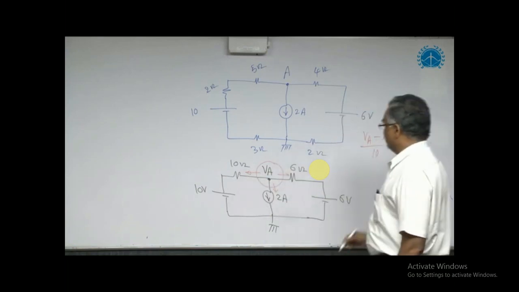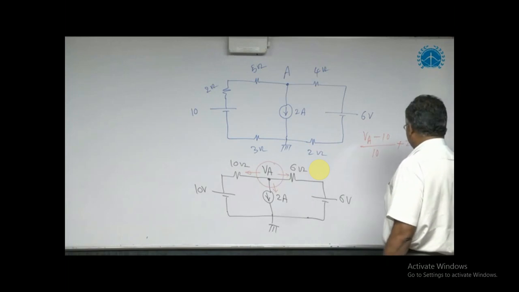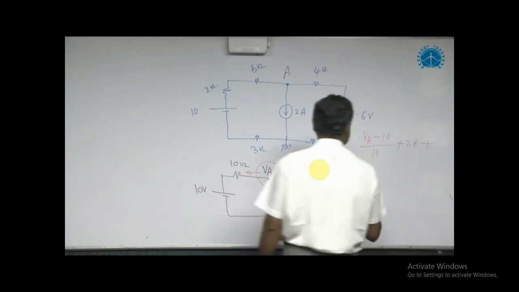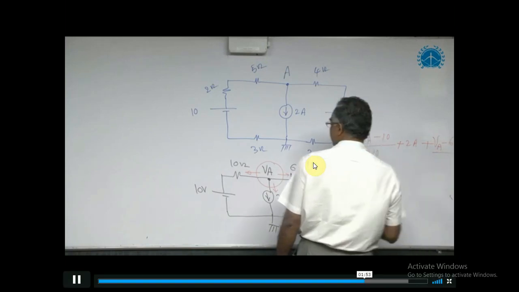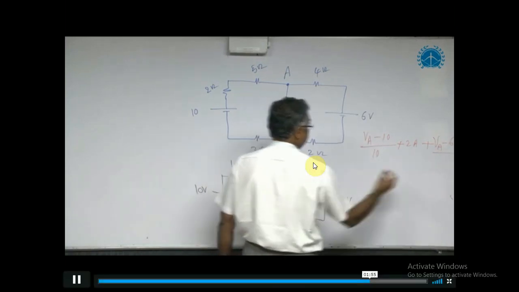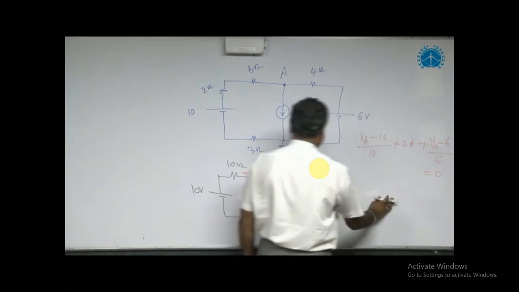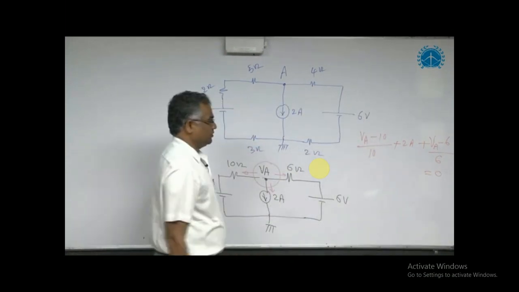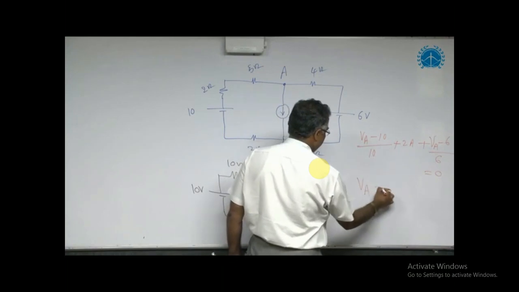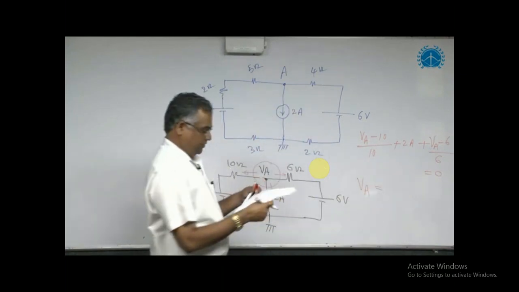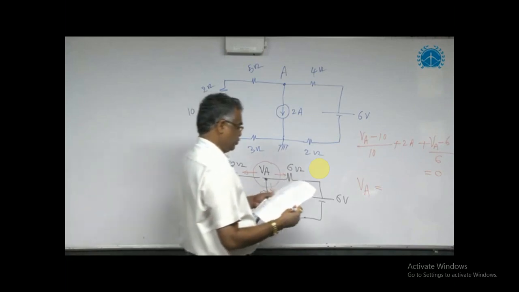Then this downward current, already 2 ampere going out, plus this current is VA minus 6 by 6 is equal to 0, because the sum of the currents leaving from the node is equal to 0. This equation can be solved easily for VA. So solve this equation for VA, you will get the answer 0.